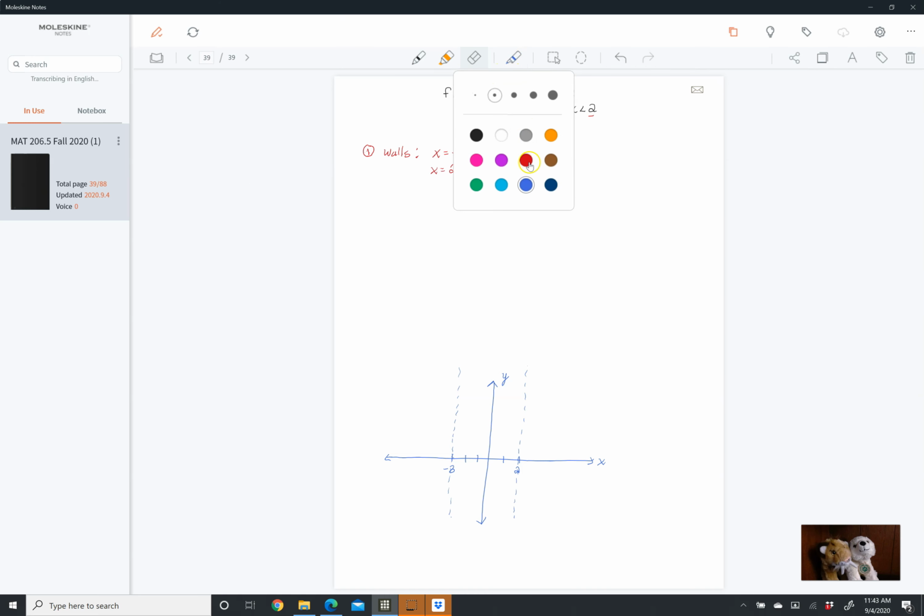Now we're going to graph the top function. So we always have to plug in the wall. So we start by plugging in x equals -3. So at x equals -3, we have -3, right? -3 is just equal to -3.